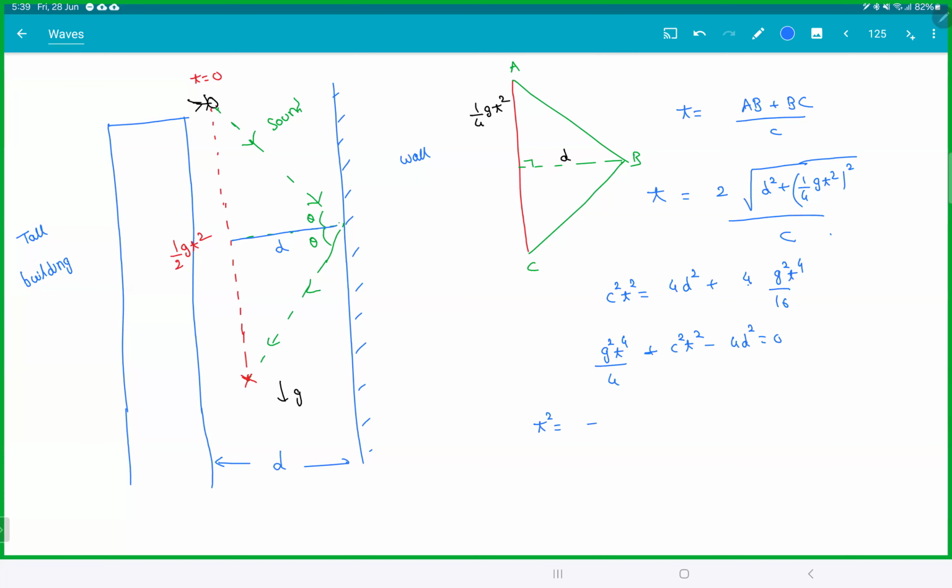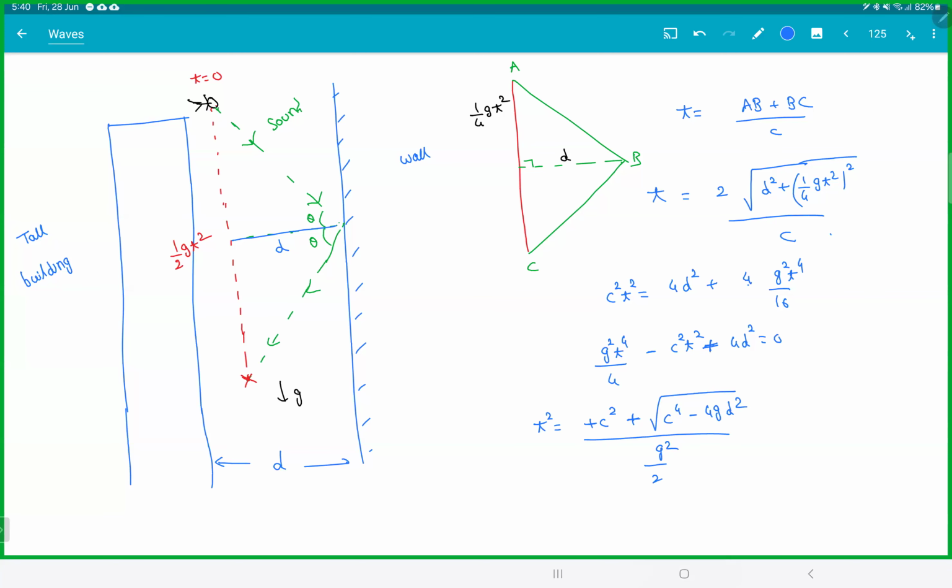So t square is equal to minus c square plus root over c power 4 plus 4 g square d square. Did I miss out on something? There was a minus in between. Yes, that's minus 4 g d square, divided by g square by 2.